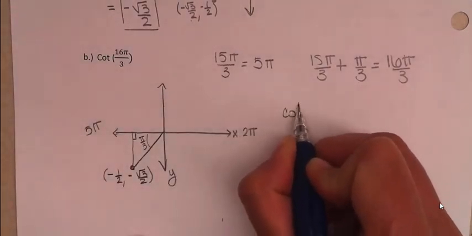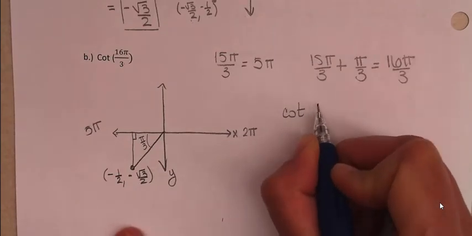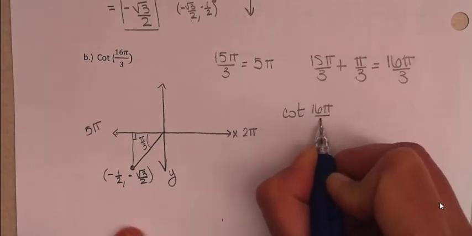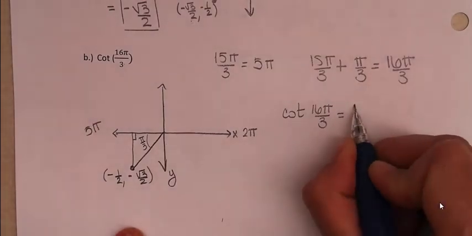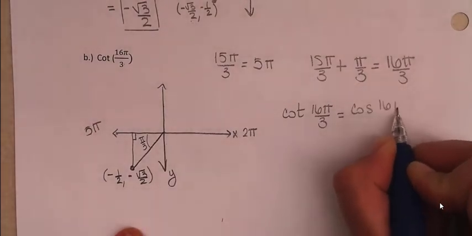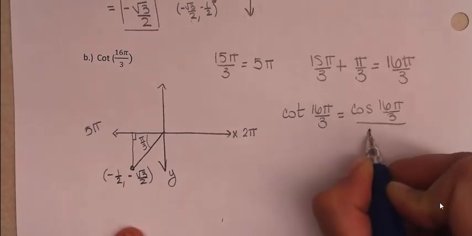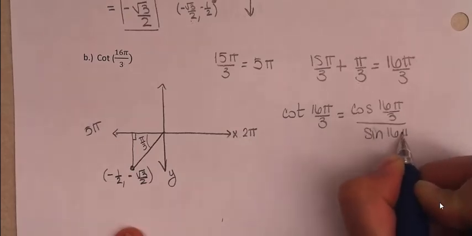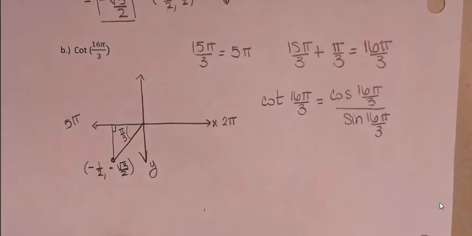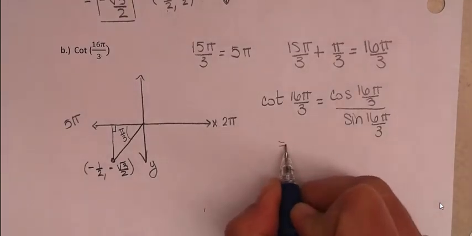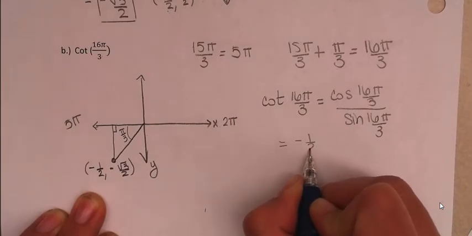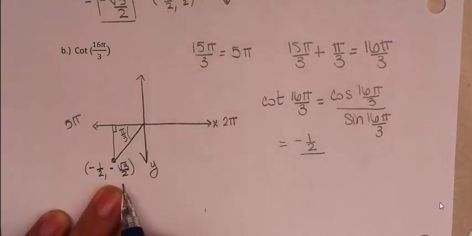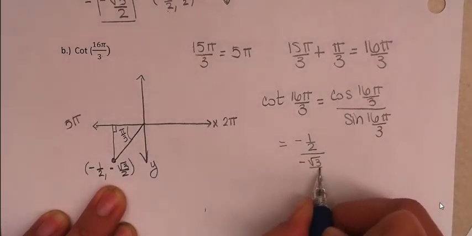I know that cotangent of 16 pi over 3 is really equal to cosine of 16 pi over 3 divided by sine of 16 pi over 3. Cosine here is negative 1/2, divided by sine of 16 pi over 3, which is negative root 3 over 2.